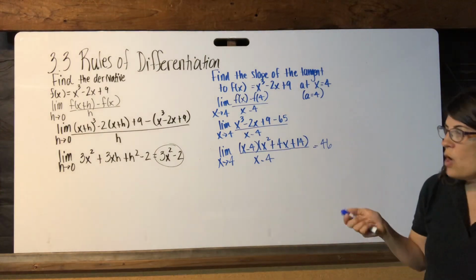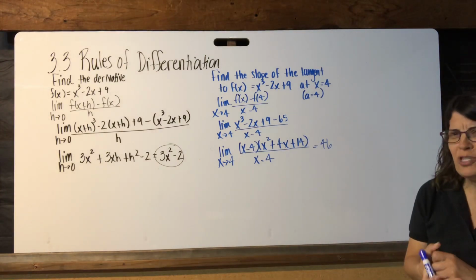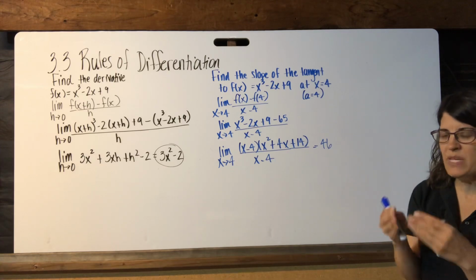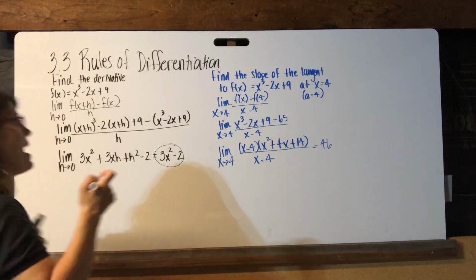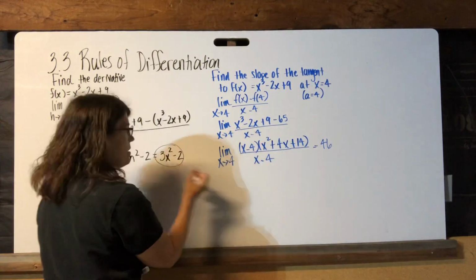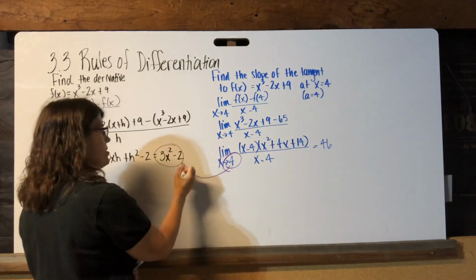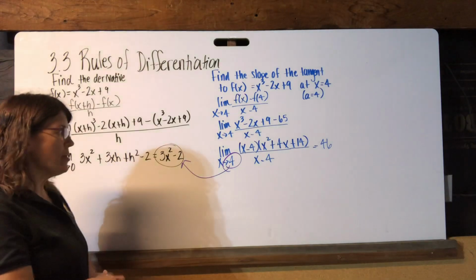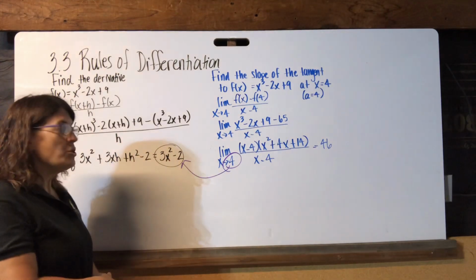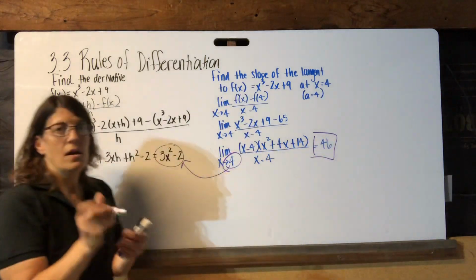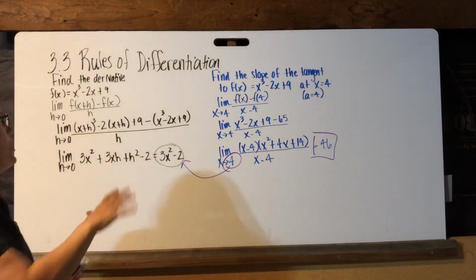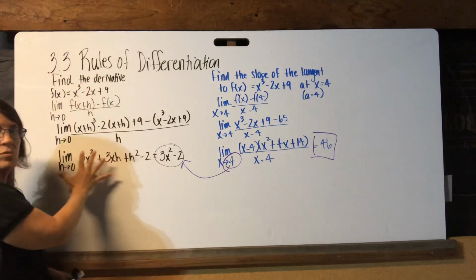Okay, so hopefully you started to put some of the pieces together, and you recognize that if I were to plug 4 into 3x squared minus 2, you would get 46. So you found the generic derivative.